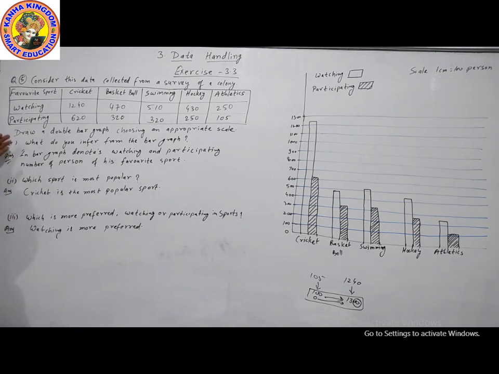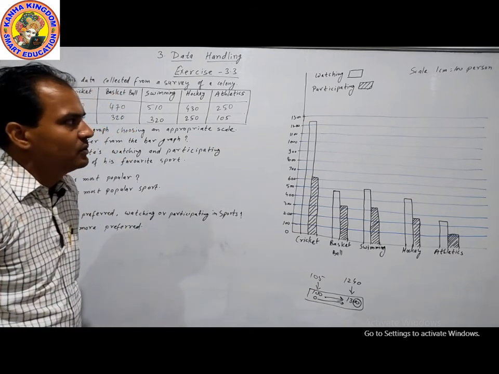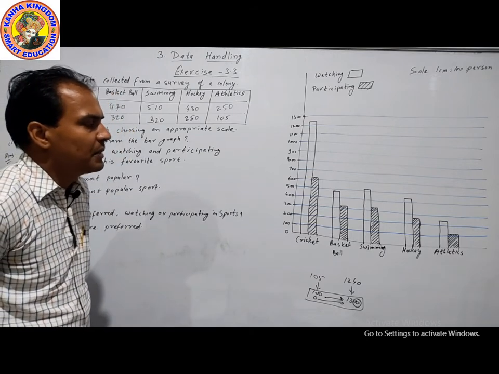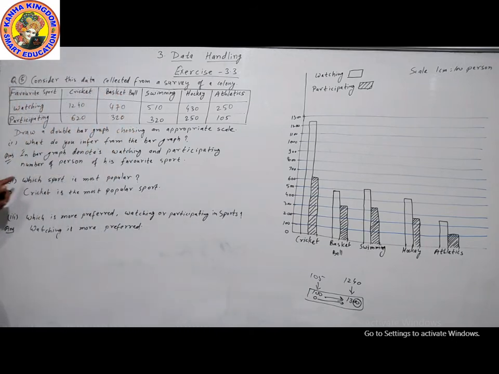So let's begin from these questions. What do you infer from the bar graph? This bar graph shows the number of persons who watch and who participate in their favorite sports. Now second one, which sport is most popular?